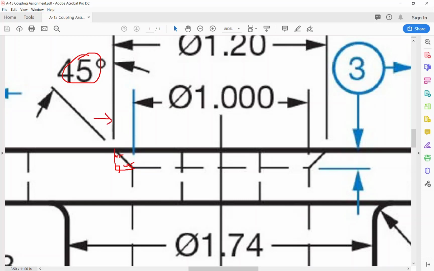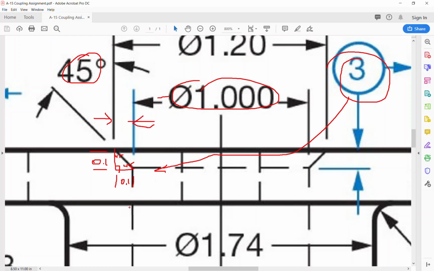To get this distance, we took the 1.2 and subtracted the 1.0, and then divided by 2. And we got this distance to be 0.1. If this is a 45, 45, 90 triangle, then this side is also 0.1. Therefore, dimension 3 is 0.1.